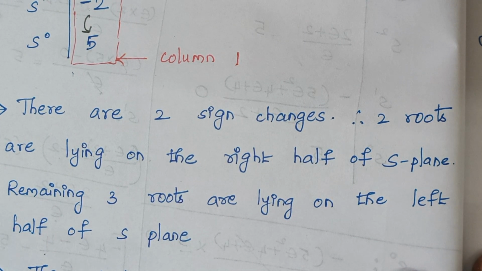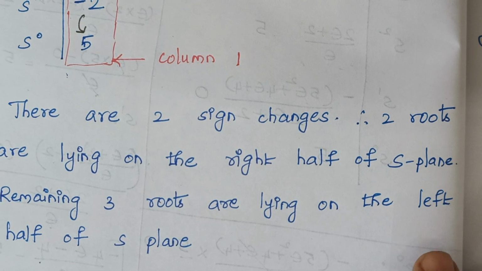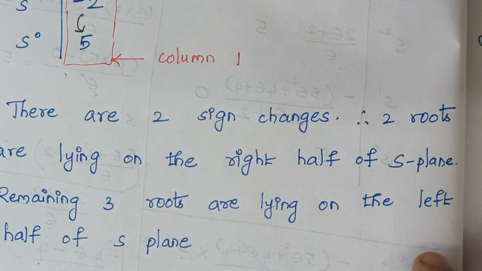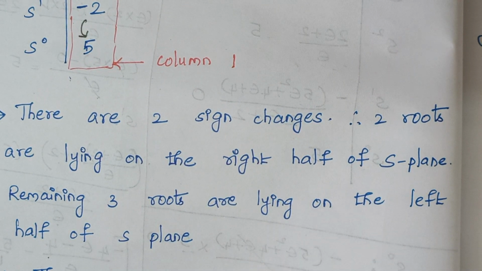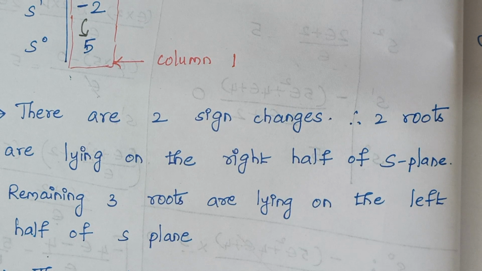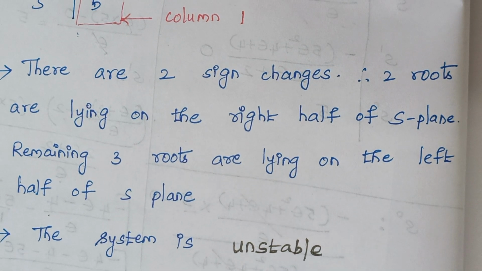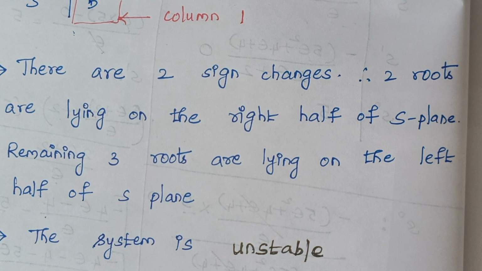So among the 5 roots, since there are two sign changes, two roots are located on the right half of S plane, and therefore the remaining 3 roots will be lying on the left half, right? So whenever we have a sign change, the system is completely unstable, right? So you have to finally come to the conclusion that the system is unstable, right? Hope you people understand the problem. Thank you.